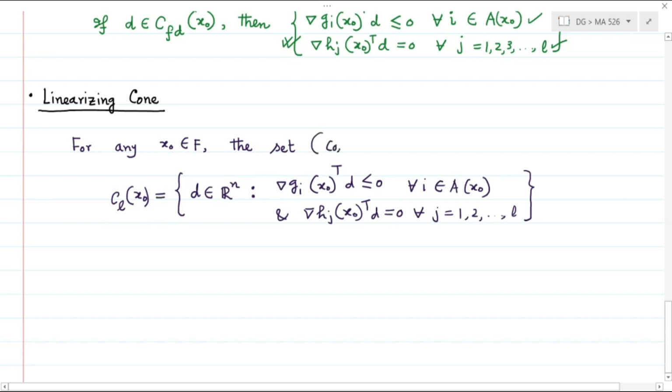You can easily verify it: you take any d belonging to this set and you can easily prove that λd belongs to CL(x0) for any λ greater than 0. Anyway, so this set is called the linearizing cone of the set or of the problem that we have considered here.